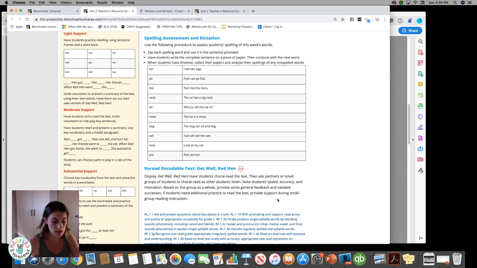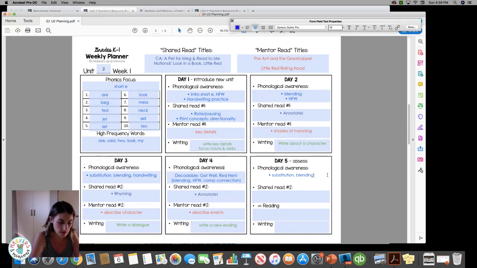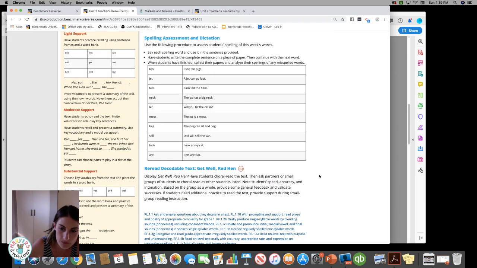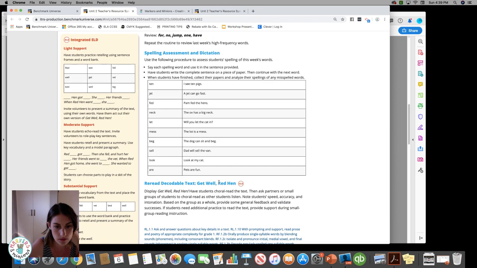So fluency, that's a good opportunity for that. Okay, let's say we'll do the spelling test. And then maybe this can be a nice independent task where they read the decodable and work on their rate.